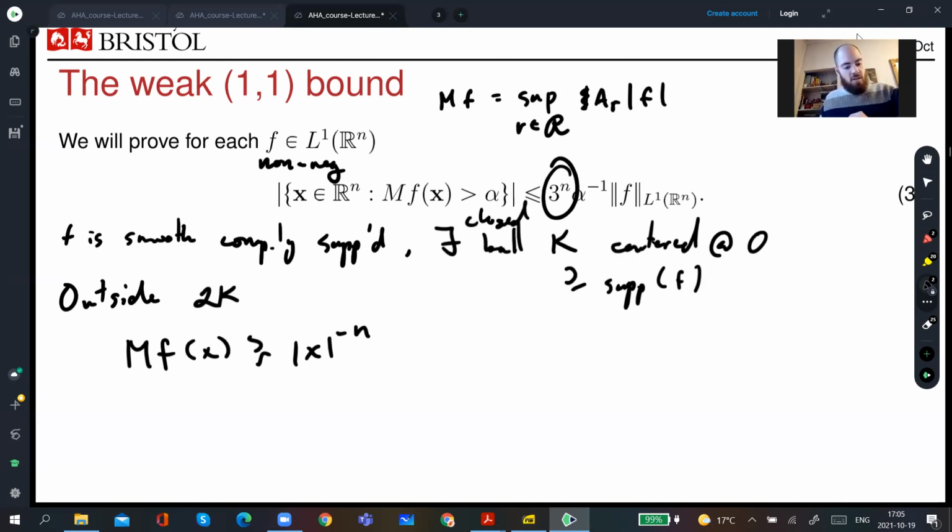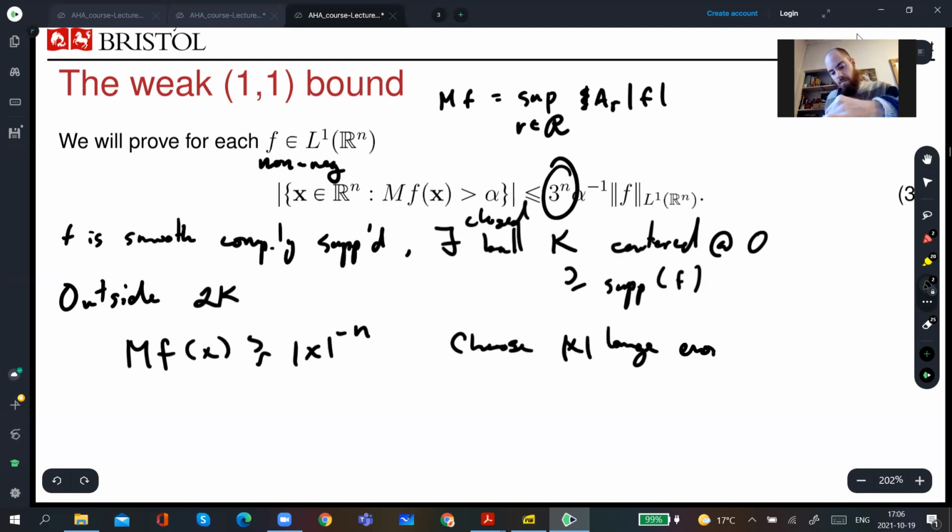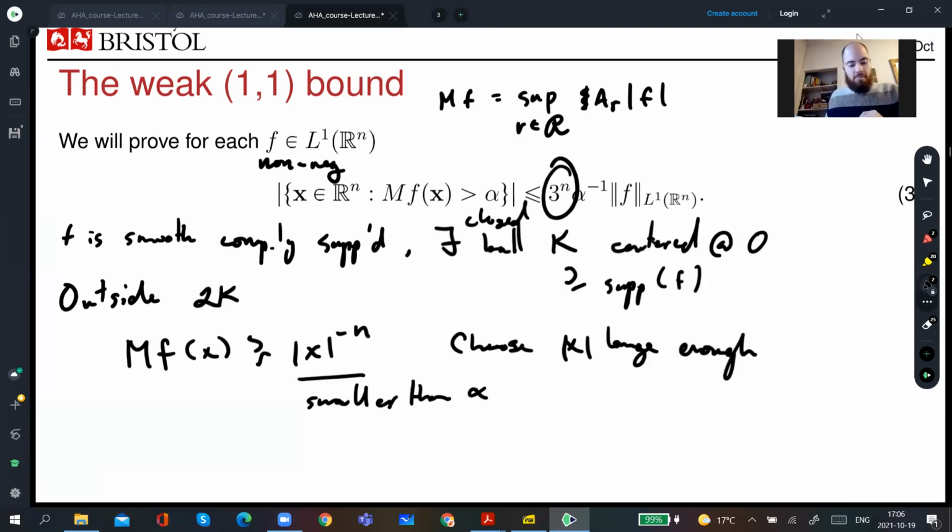And if you choose x large enough now, then this side is arbitrarily small. In particular, it'll be smaller than alpha. What that tells me is that this set right here, the super level set, is contained in a compact set itself.